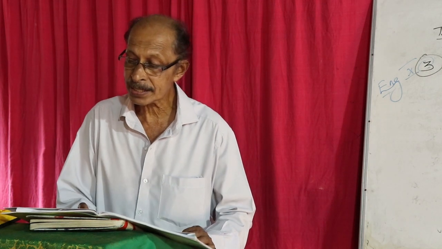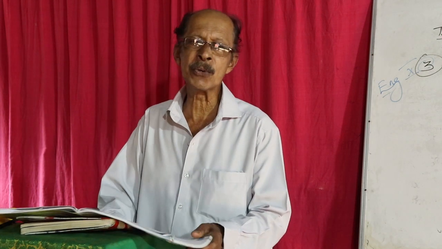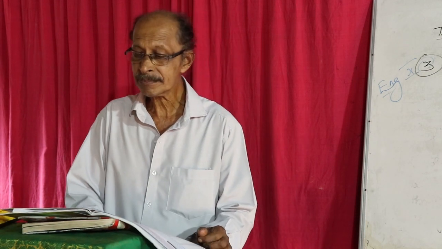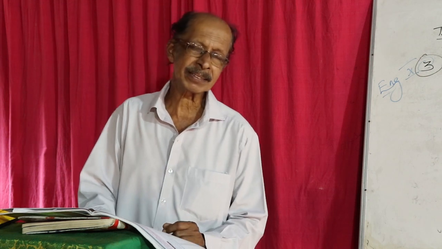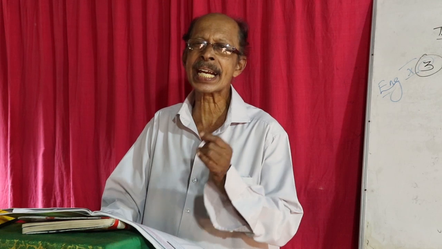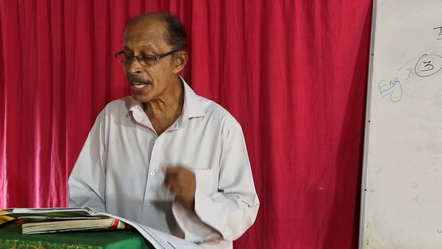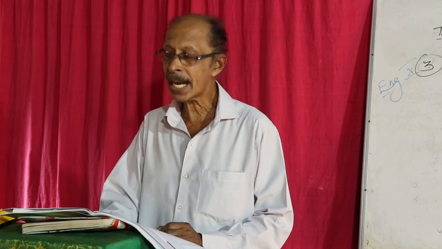Prepositional phrase. I shall give you a sentence you learned in the 9th standard. The foolish duckling. Do you remember? The foolish duckling left the pool very slowly in the morning. I shall read it.